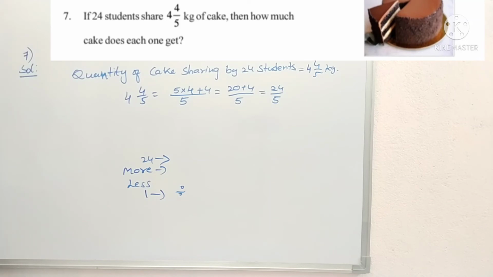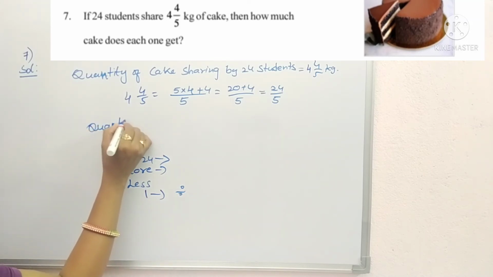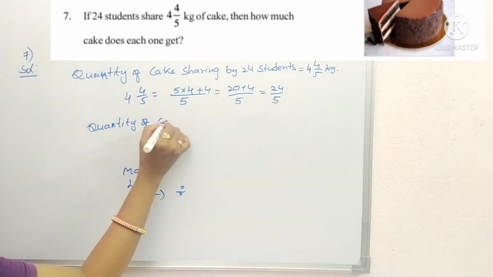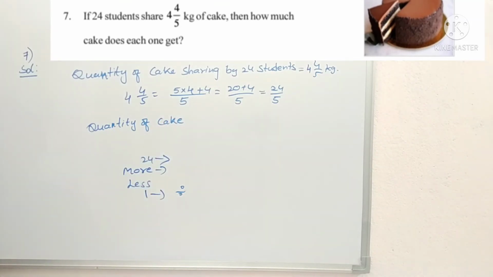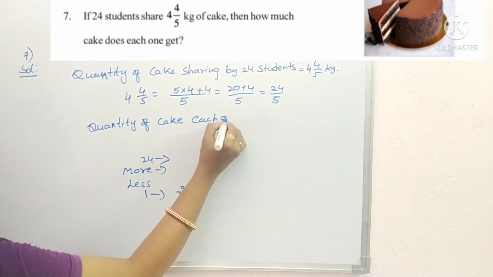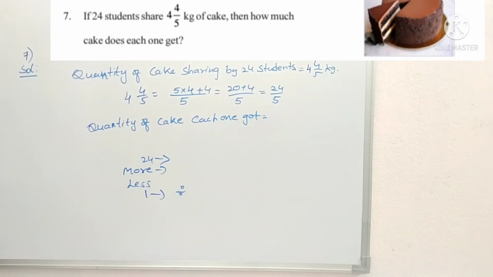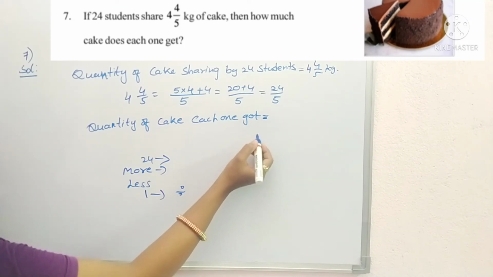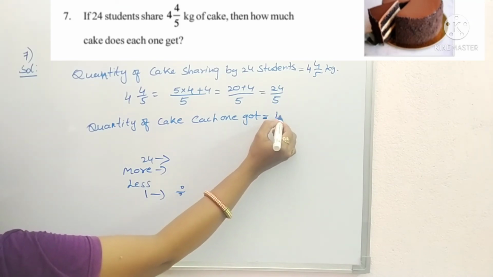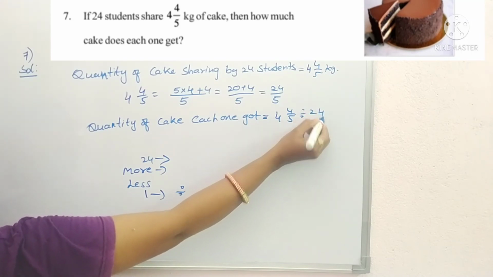How much cake does each one get? Right. So quantity of cake each one got is equal to, what we have to do? Division, right? So 4 by 5 divided by 24.